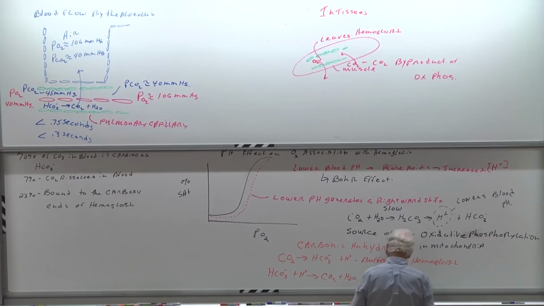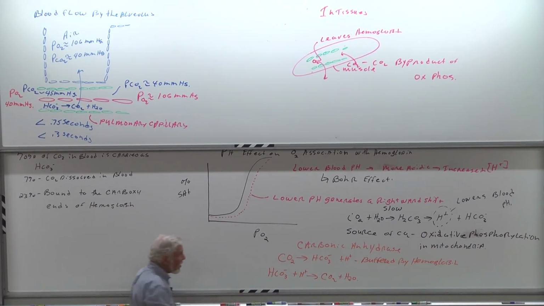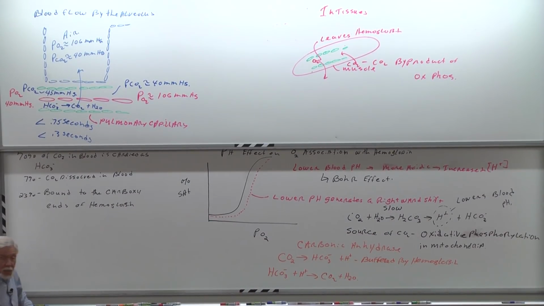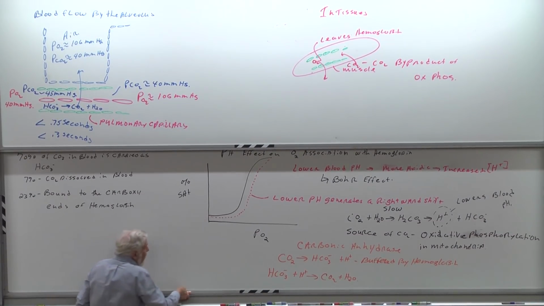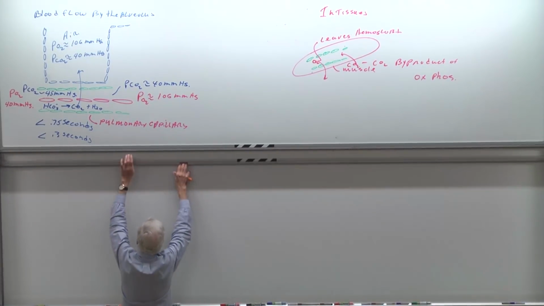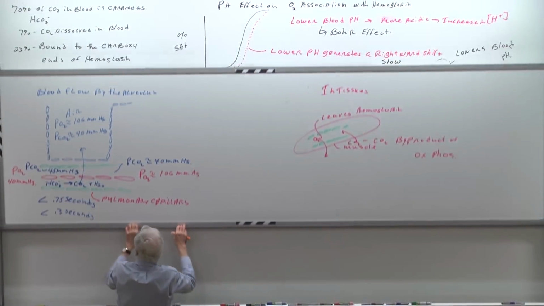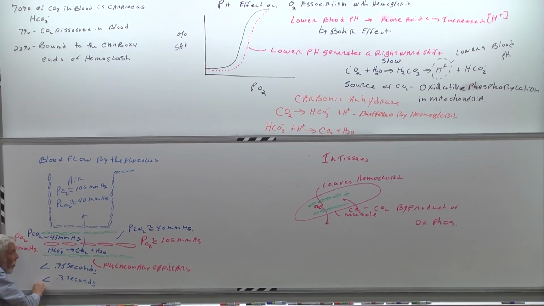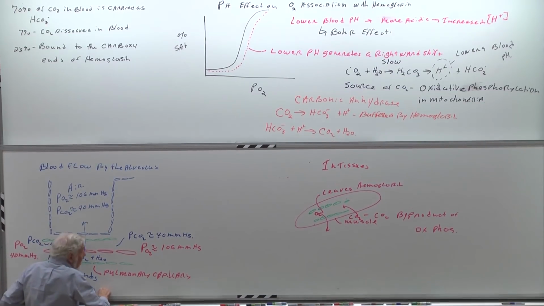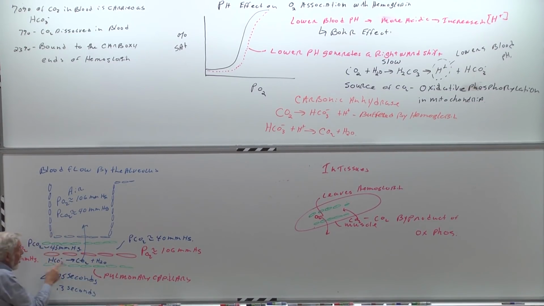There are mostly histidines in the hemoglobin that will bind to that hydrogen ion. So this is a really, really important enzyme. And when it's working properly, back here in the pulmonary capillaries, we're now converting bicarbonate to CO2.